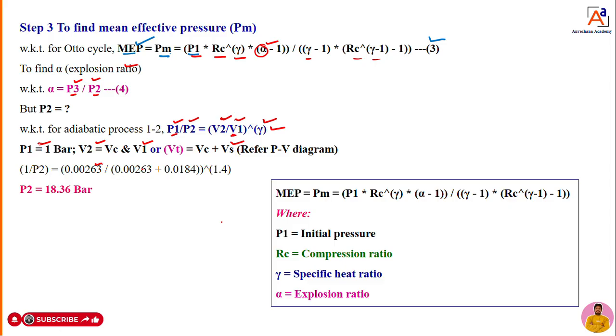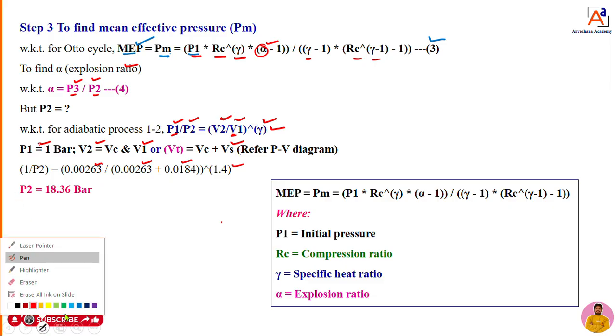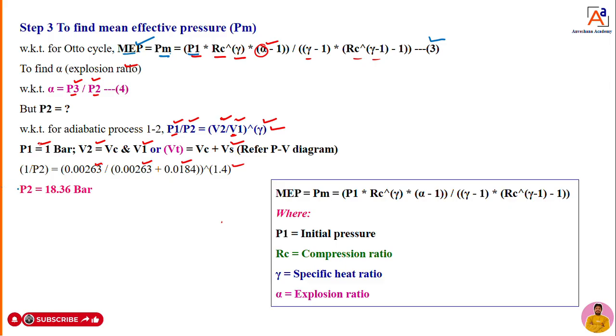V1 is the total volume, which is Vs plus Vc, 0.026 plus 0.0184, to the power of 1.4. Do some simplification and you are going to get the value of P2 as 18.36 bar.